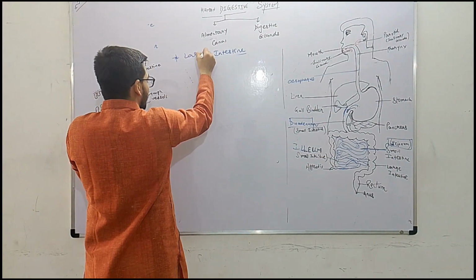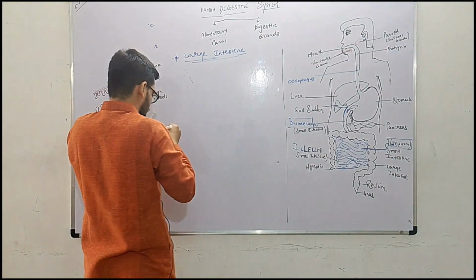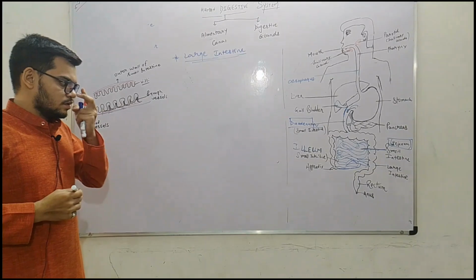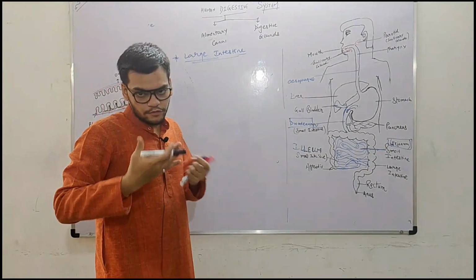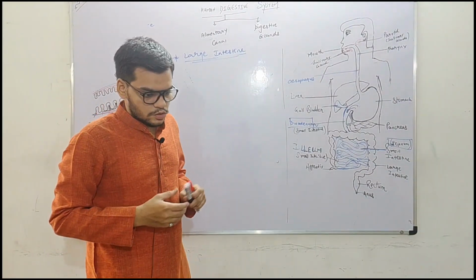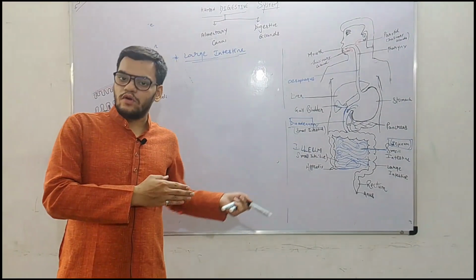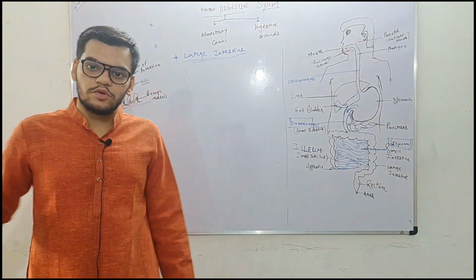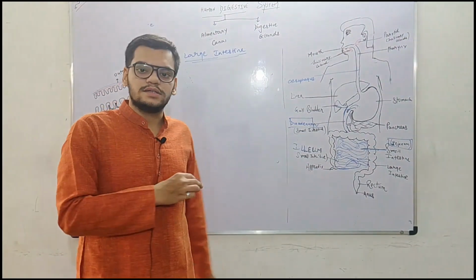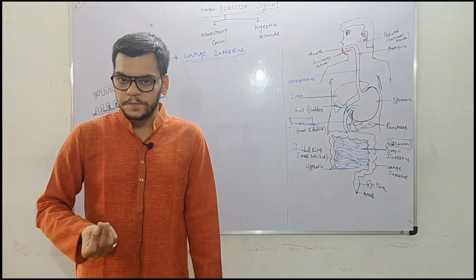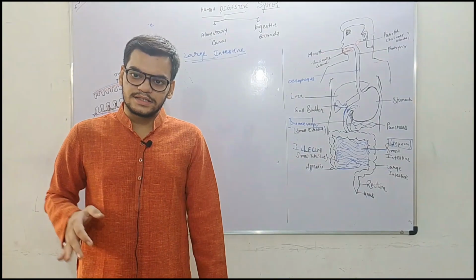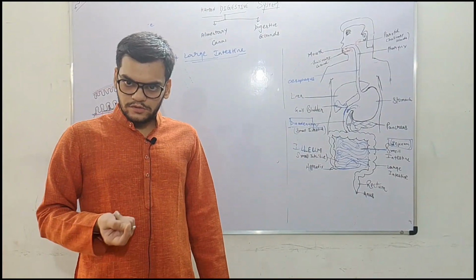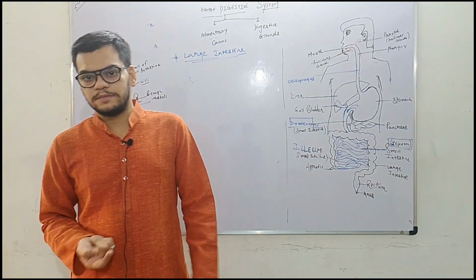Whatever food is not able to be digested inside the small intestine, that will go inside the large intestine. That is undigested food. And inside the large intestine, absorption of water and minerals takes place.